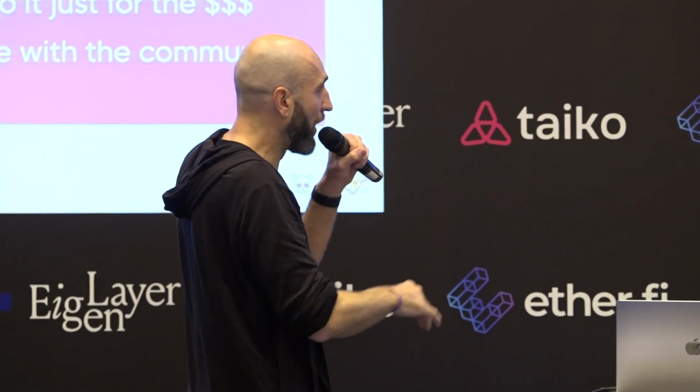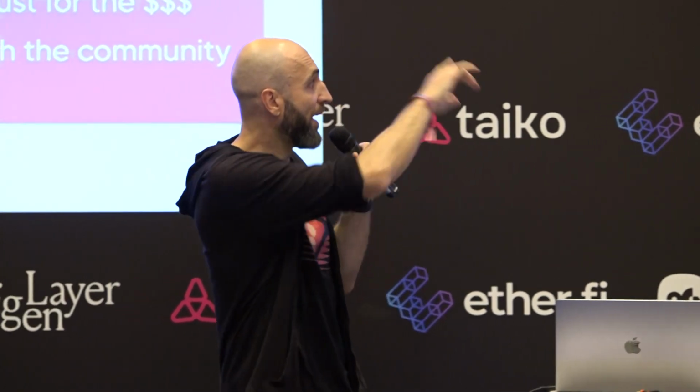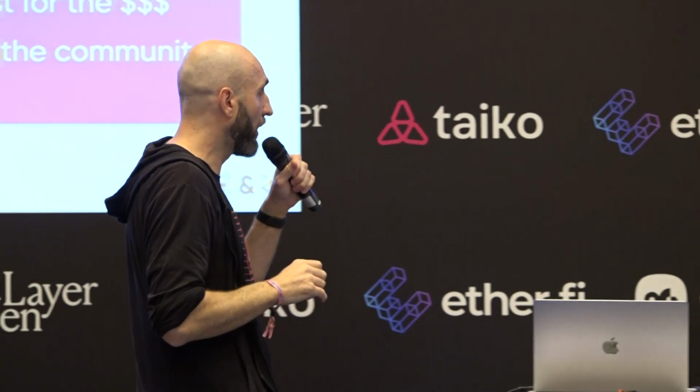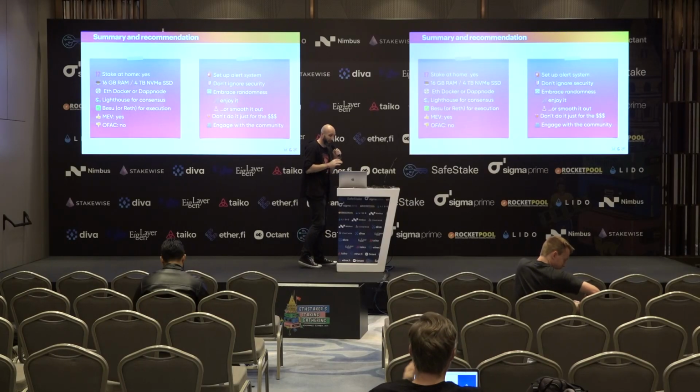ETH Docker, DAppNode, Lighthouse for consensus, Besu or Reth for execution, MEV yes, OFAC no. Set up an alert system so that you get a notification that something is happening with your node. Don't ignore security, embrace randomness, either enjoy it or smooth it out, and don't just do it for the money, and also engage with the community.